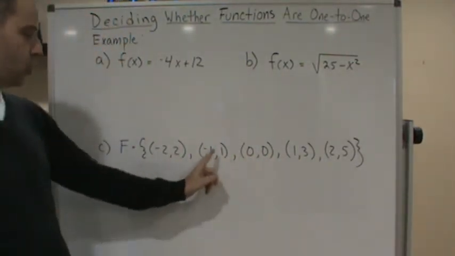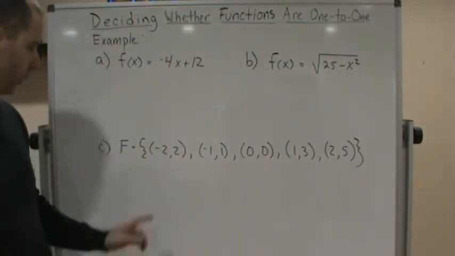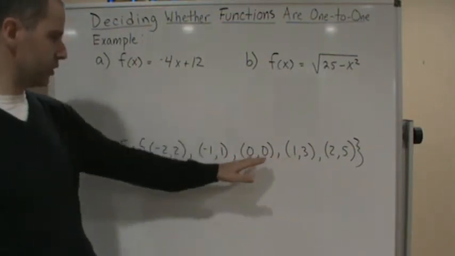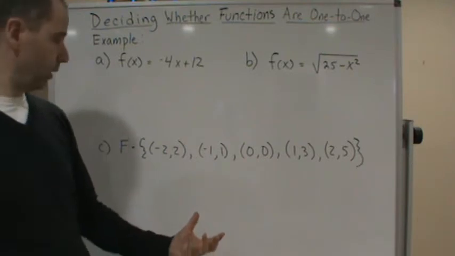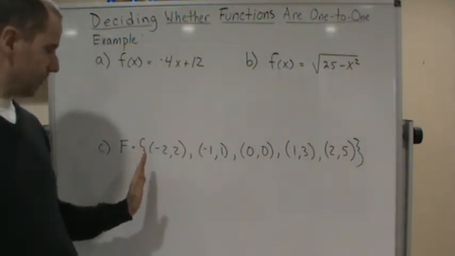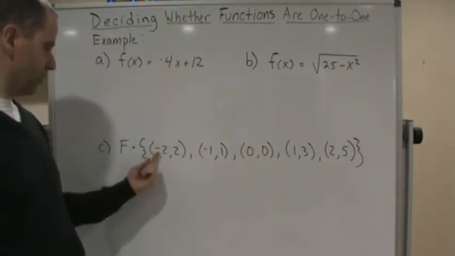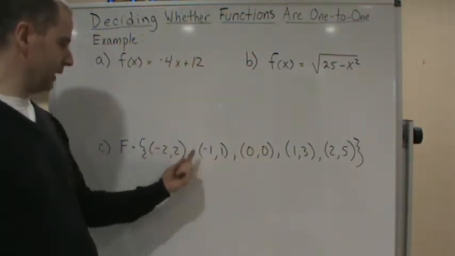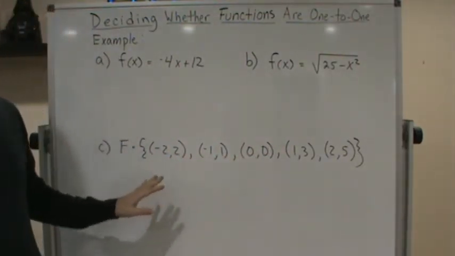There are no duplicates of the first coordinate. We don't see the same x value going to two different y values, so we don't see anything being repeated as far as the x coordinates. So this is a function.